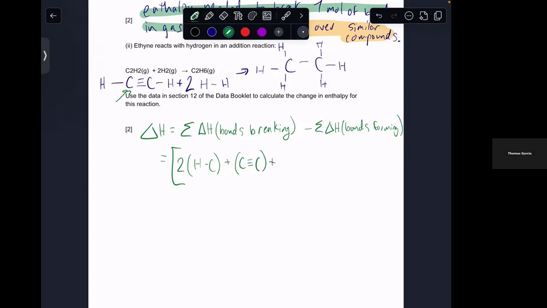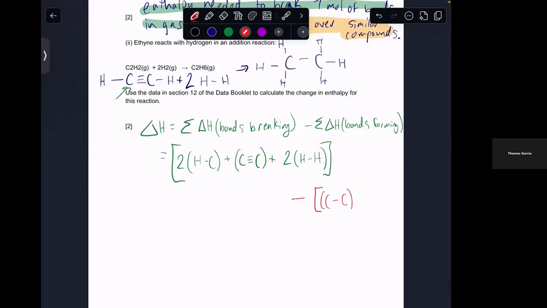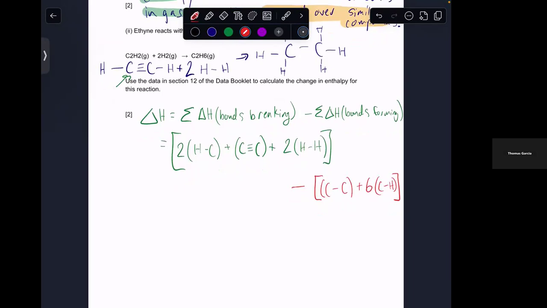I add that to 2 times hydrogen single bonded to hydrogen. Over on the other side, on our products, we are subtracting carbon bonded to carbon plus 6 carbon bonded to hydrogen. All right. I plug these values in with data from my data booklet, and I get a total of negative 291 kilojoules per mole. And there we go.